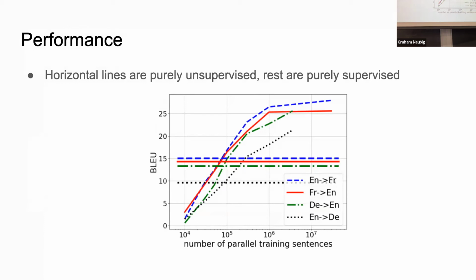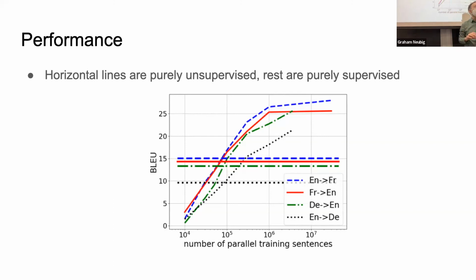And basically what they're showing here is that with no parallel data, they're able to achieve scores at about the same level as something trained with 10 to the 5, so 10,000 parallel sentences.